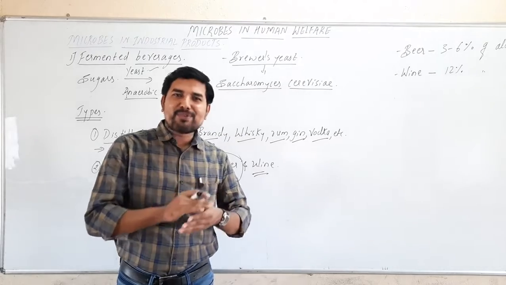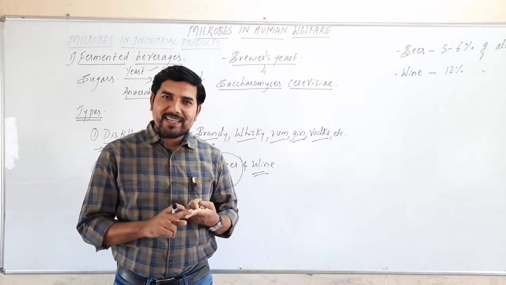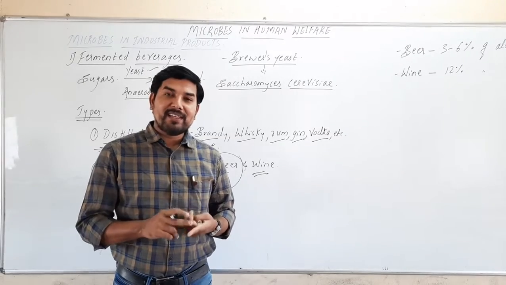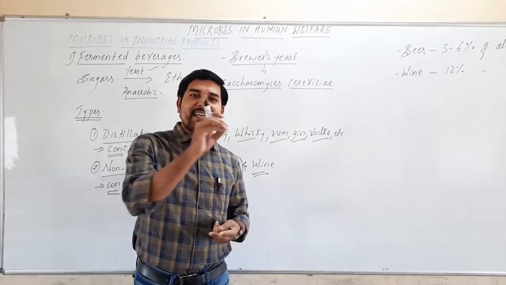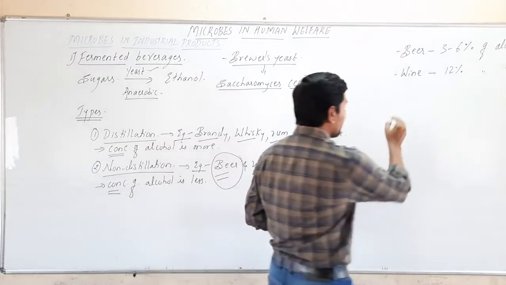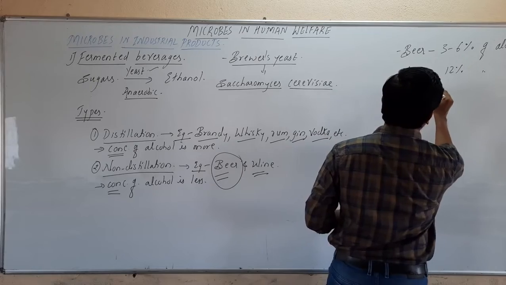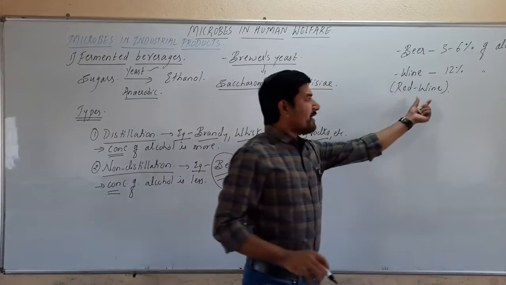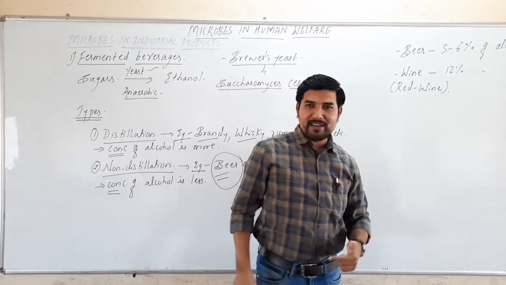We have different types of wine, and one is grape wine. Sometimes the color of the wine is red, due to the red grapes. We call it red wine. It appears red in color.